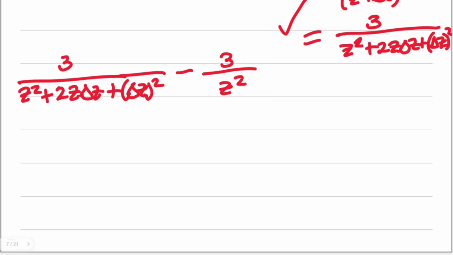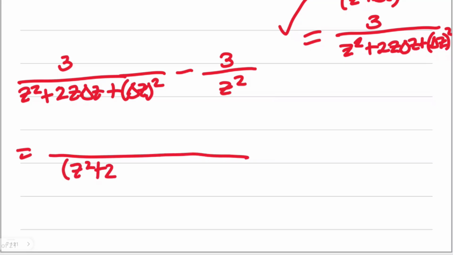How can we combine this? Of course, with LCD, right? Our LCD is the product of the two denominators: z squared plus 2z delta z plus delta z squared, times z squared.